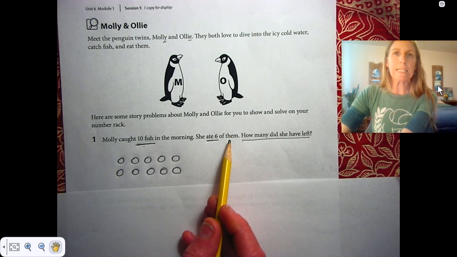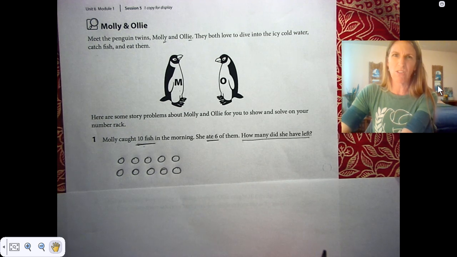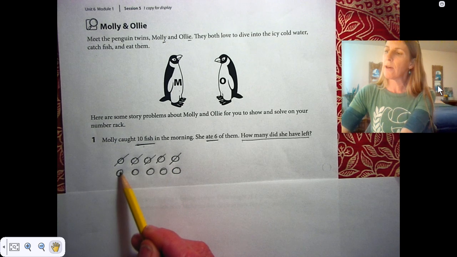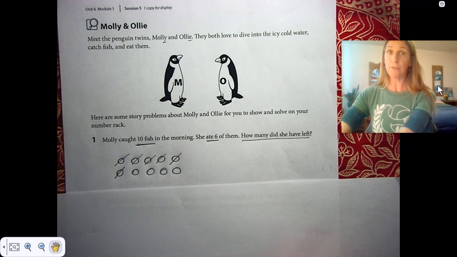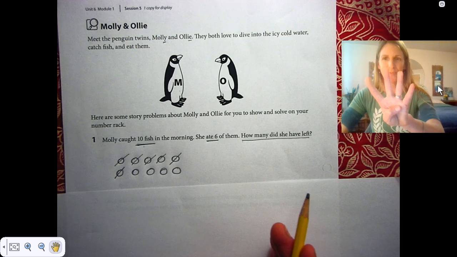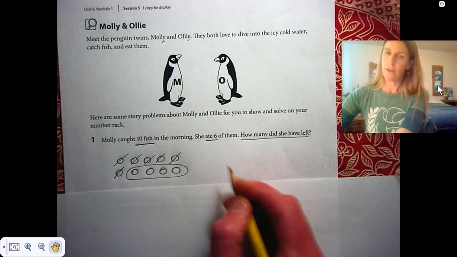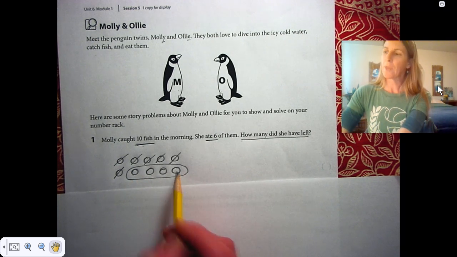She's going to eat 6 of them. They're going away. So I'm just going to cross out 6. 1, 2, 3, 4, 5, 6. Those ones she ate. How many are left? What is it? First graders, shout it out. That's right. There are 4 fish left, and you can see those 4 fish right there.